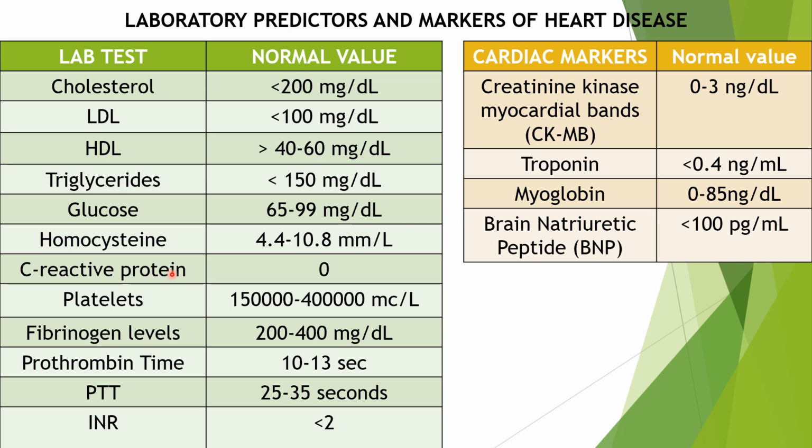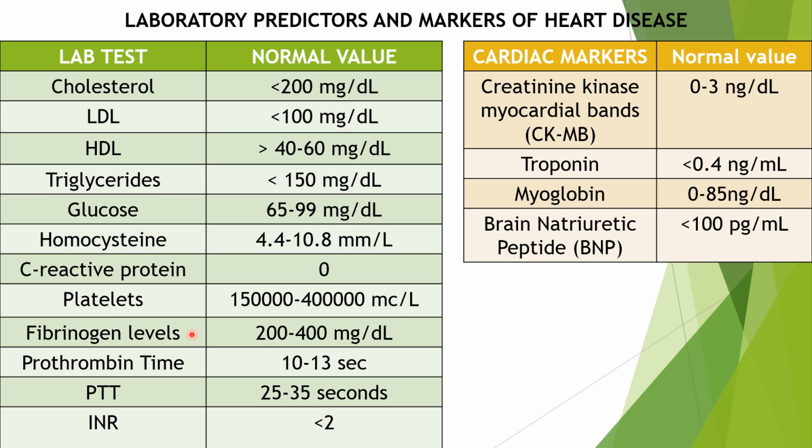And another is coagulation studies such as platelets, fibrinogen level, prothrombin time, partial thromboplastin time, and international normalized ratio. These coagulation studies are also commonly obtained for screening purposes. Increased platelet and fibrinogen levels are correlated with an increased risk of atherosclerotic heart disease.